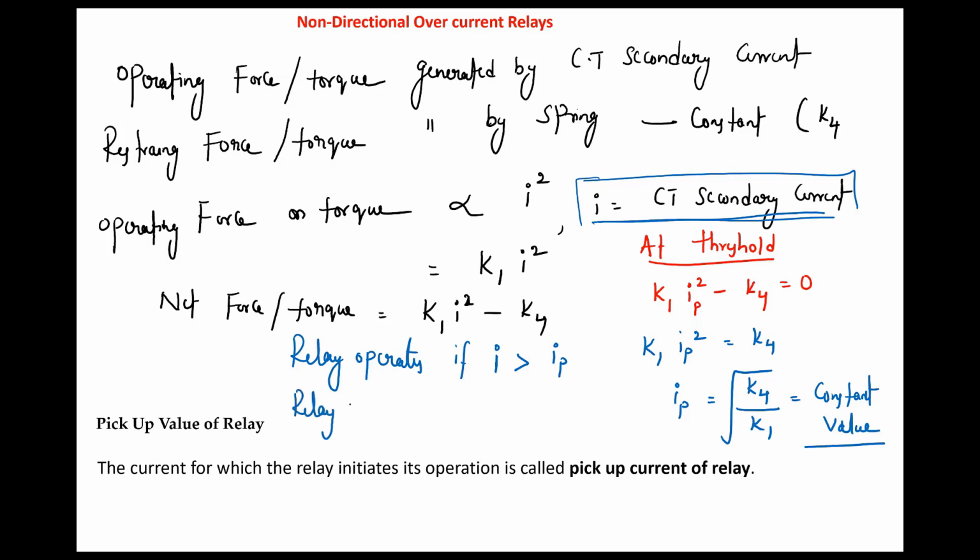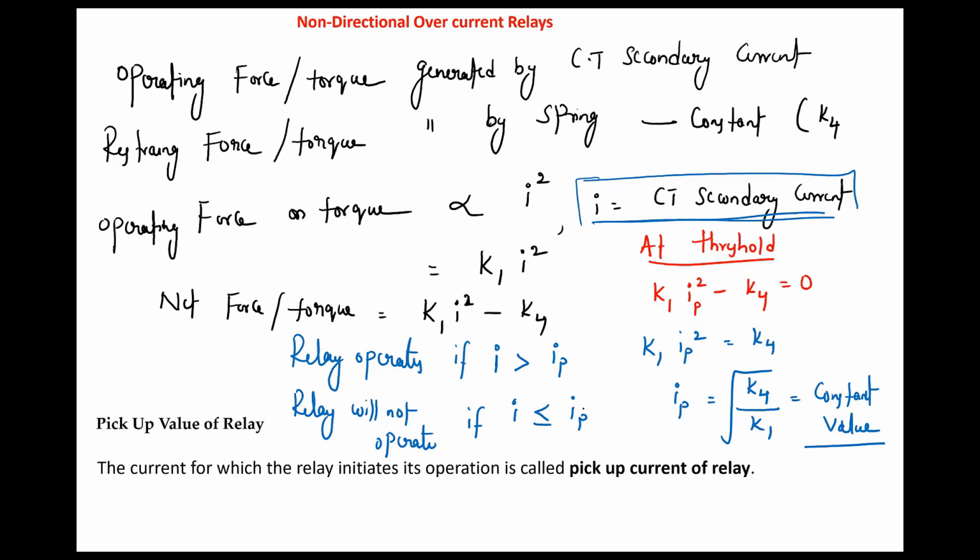The relay will not operate if I is less than or equal to IP, since even at the equal point both forces are equal and opposite.